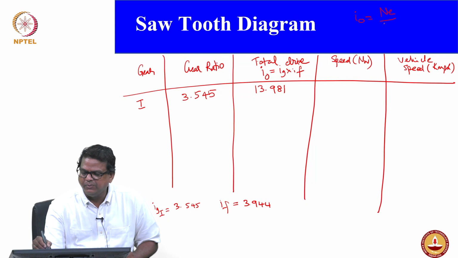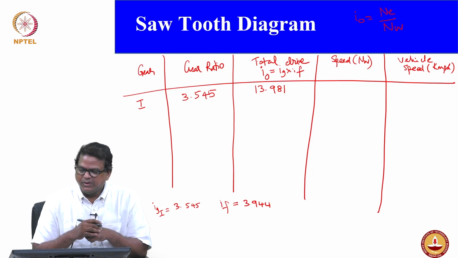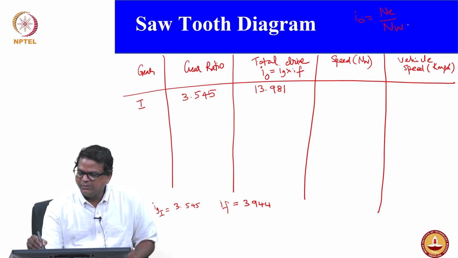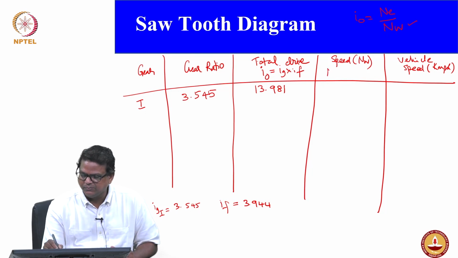So again, IO can be written as NE by NW. I want to find out what NW is. So NW equals NE by IO. This is the formula we should use.